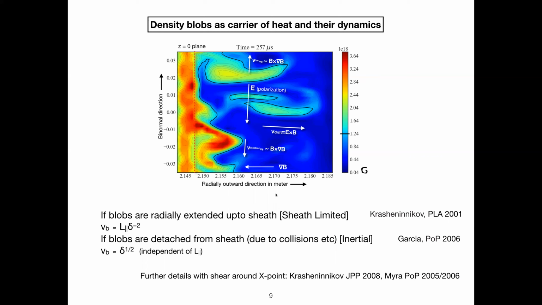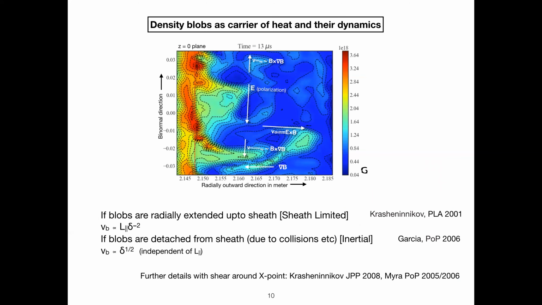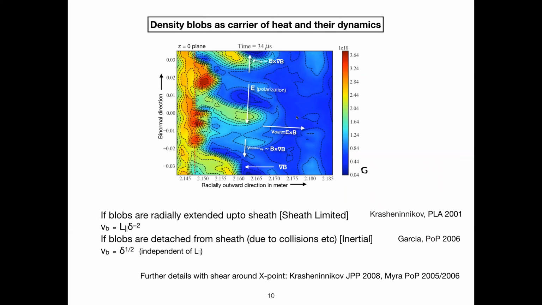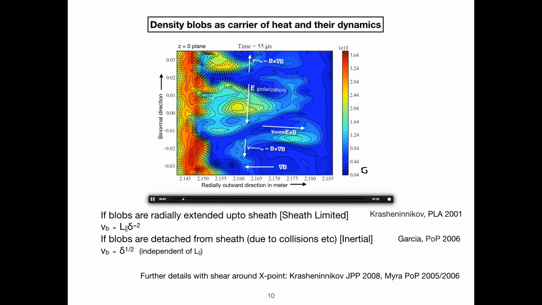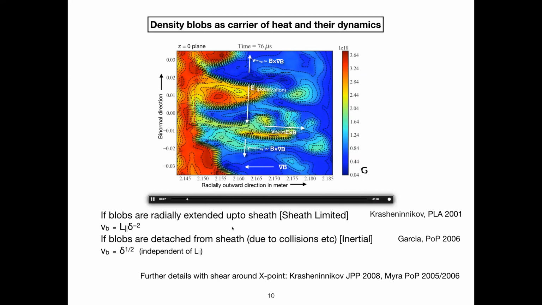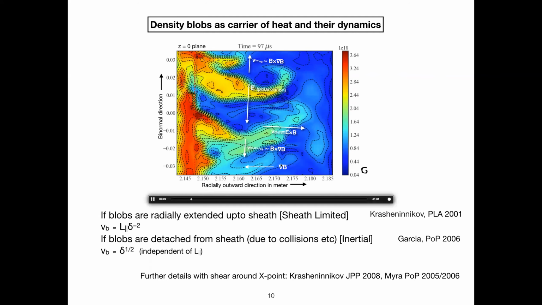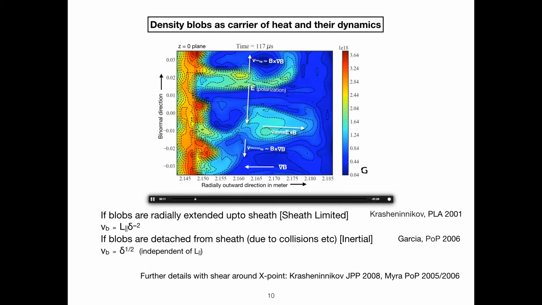These blobs, as I mentioned in a previous slide, shear off from the separatrix region and drift in the radially outward direction with a velocity roughly equal to the E cross B velocity. However, the background plasma, turbulent plasma, as well as the parallel connection length of the blobs modify these velocities.